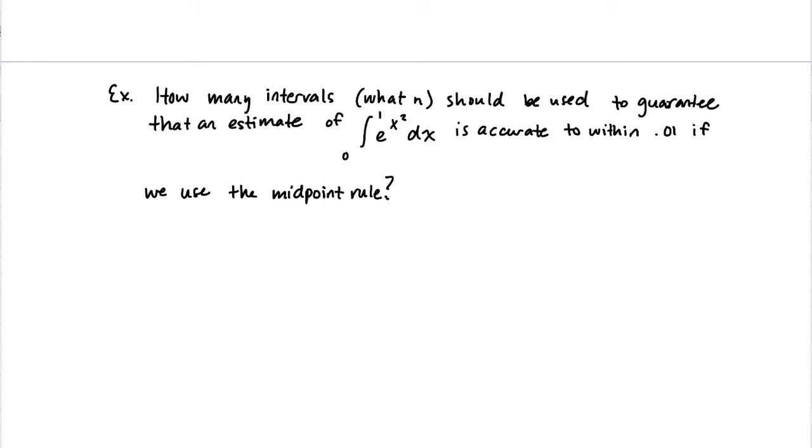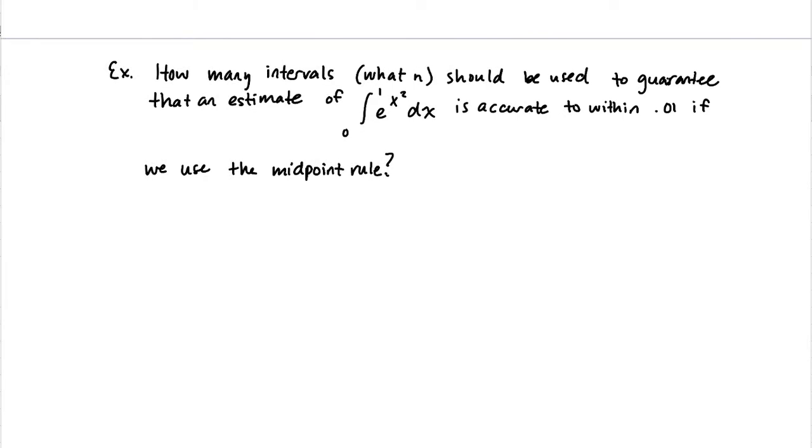This is going to be our error bound. We're using the midpoint rule, so we're going to keep that in mind. First, let's find our M.